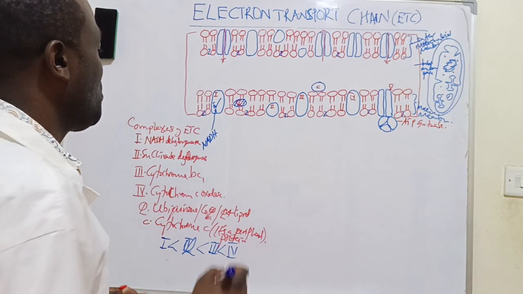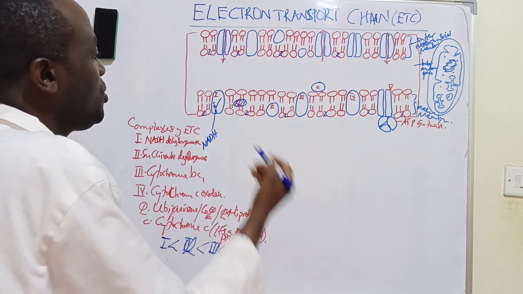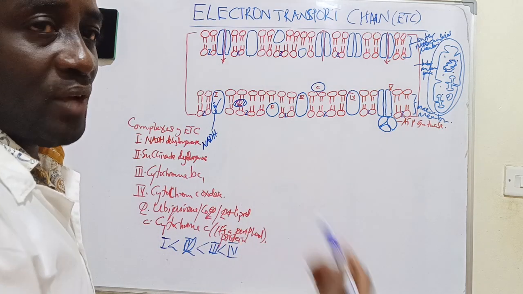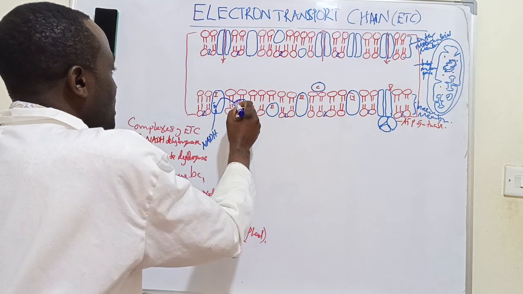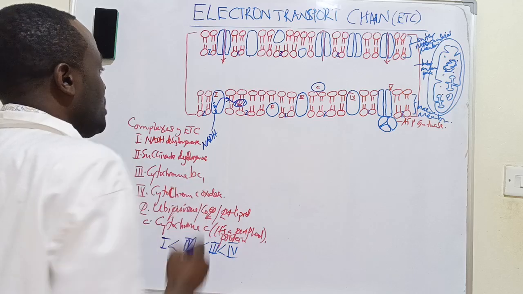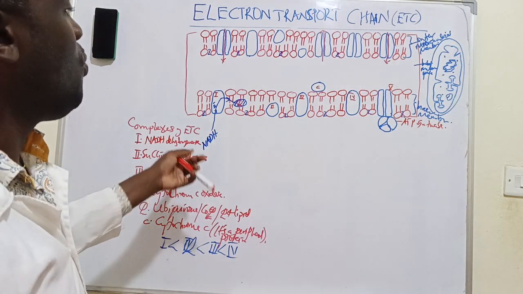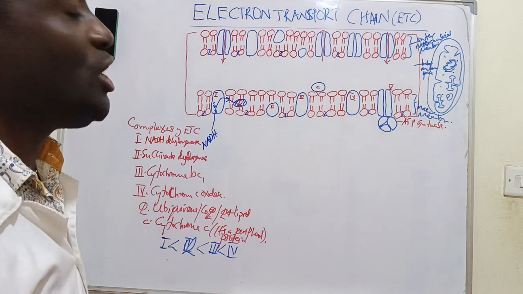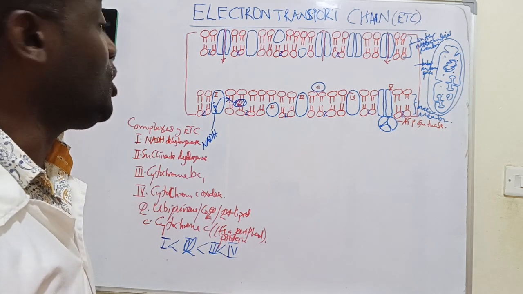Now, look, since complex 1 has a lower electron affinity than ubiquinone or coenzyme Q, it loses the electron. Remember, it picked 2 electrons from here. Now these electrons, one at a time, are taken to coenzyme Q, meaning coenzyme Q in the process is reduced.